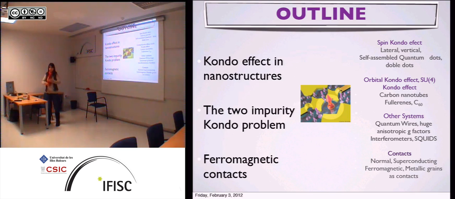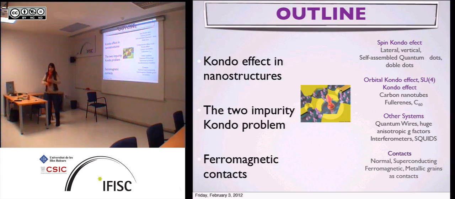You can write this interaction as a magnetic field, so that you can compensate the exchange field of the contact by the antiferromagnetic coupling between the two dots. But you can only compensate if you are in the parallel situation, because the exchange fields of the two dots point in the same direction. So you can compensate by generating an exchange field in the other direction through this interaction.